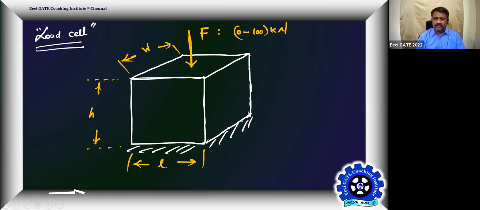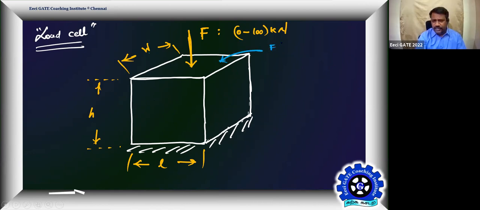How many faces are available? The bottom is not available. The rest is available. So we have 1, 2, this side is 3, this is 4, we have 5. In the 5 surfaces, we can mention the longitudinal strain and the transverse strain.